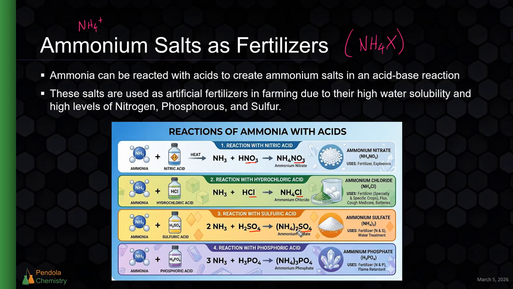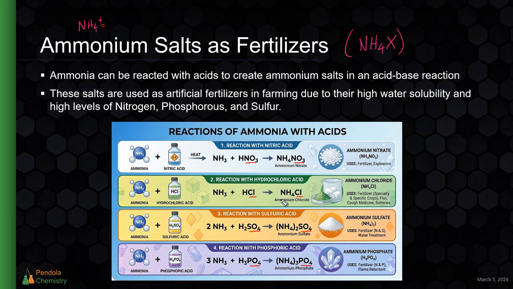Here, we have (NH4)2, because the ammonium ion has a +1 charge, and since sulfate has a -2 charge, we need two ammoniums to cancel it out. And finally, if ammonia reacts with phosphoric acid, the phosphate ion is going to pair up with the ammonium in a 1:3 ratio to create ammonium phosphate.